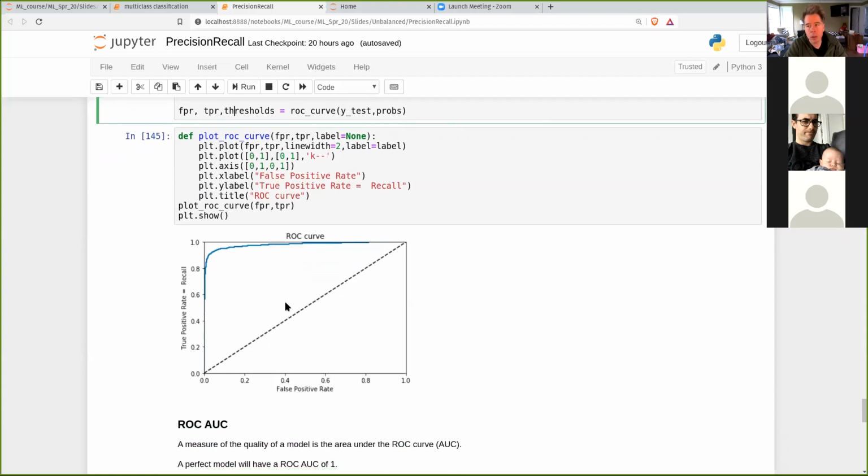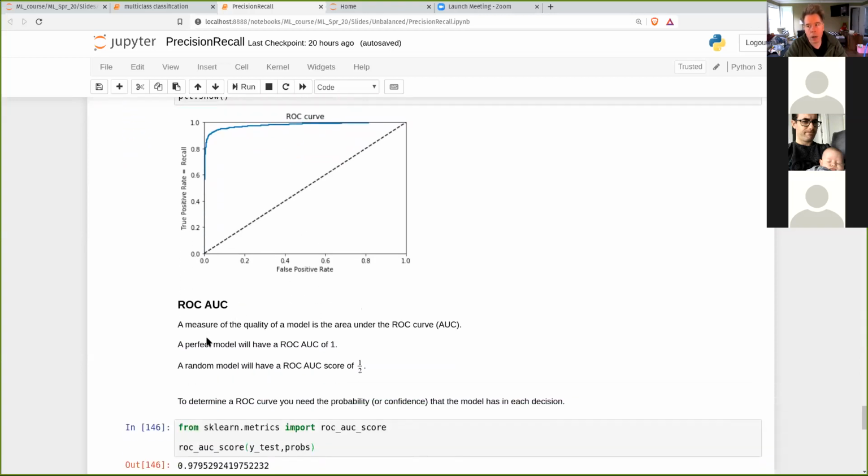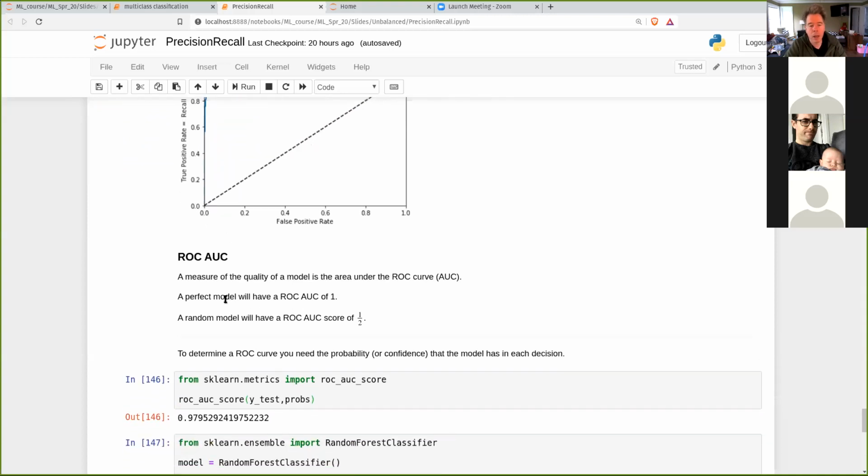That area is called the ROC AUC: receiver operator characteristic, area under curve. Silly terminology. But a perfect model will have an AUC of 1, and a random model will have an AUC of 1/2.